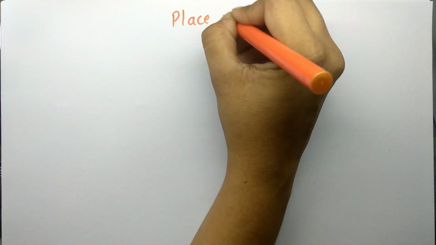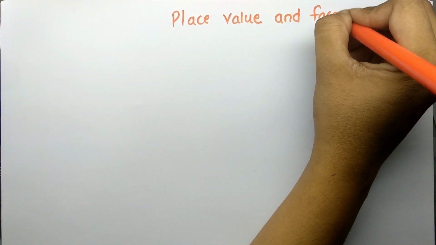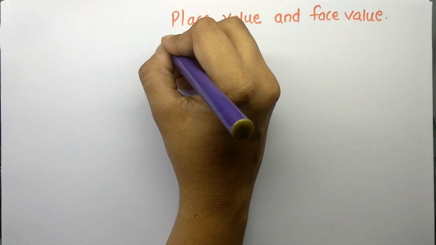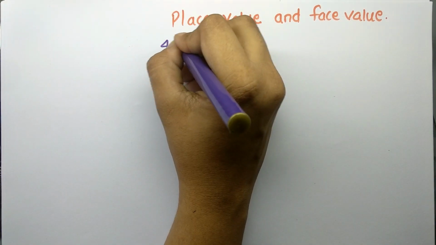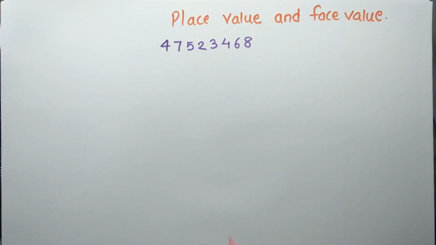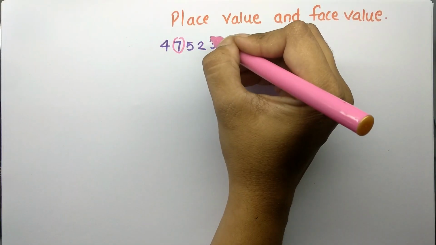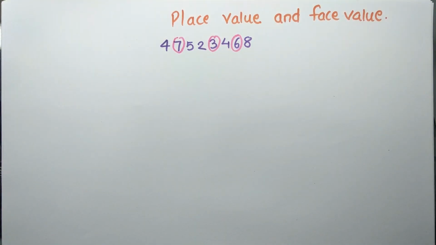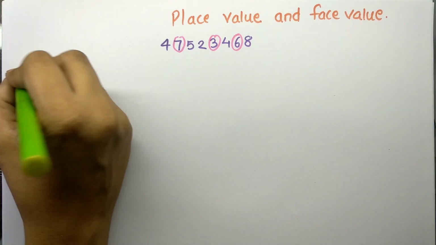Let us see how we will write place values and face values of given digits. Now, I have the number 47523468. I have to write the place value and face values of the encircled numbers. So I have to find the place value of 7, 3 and 6.